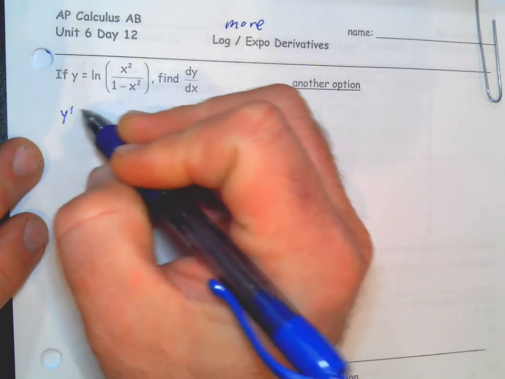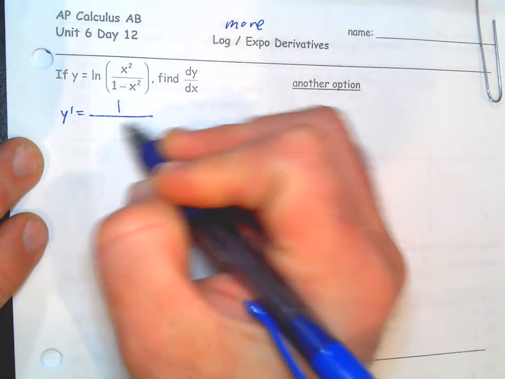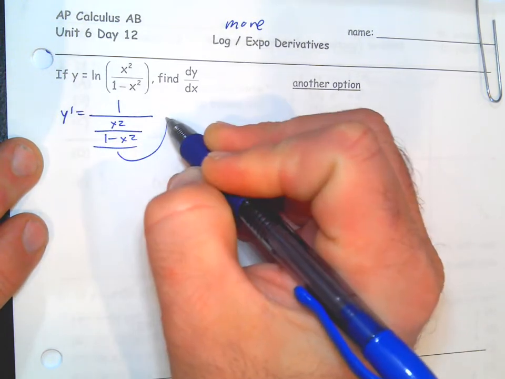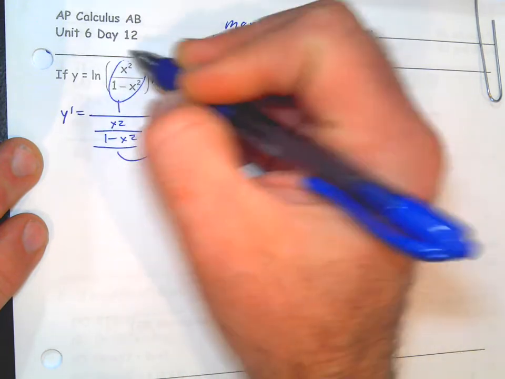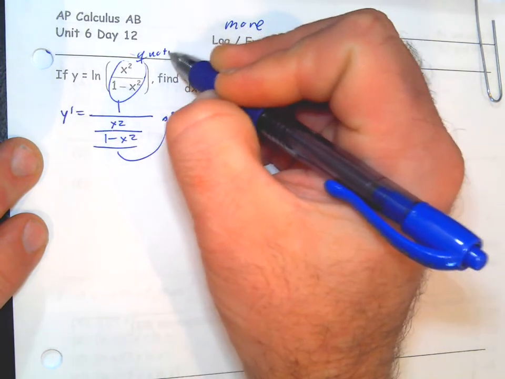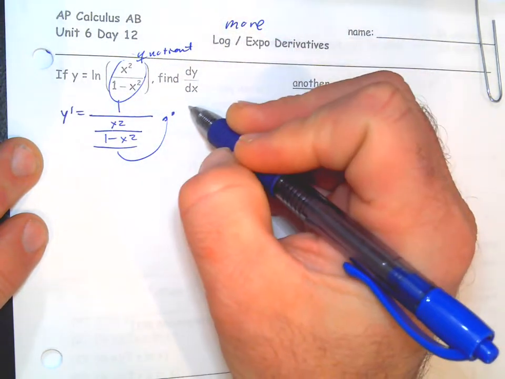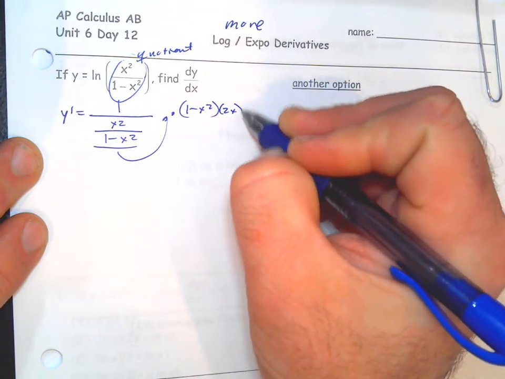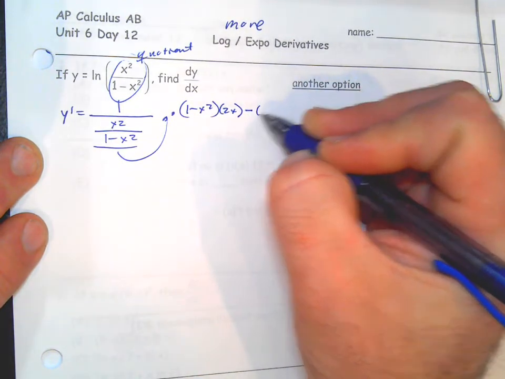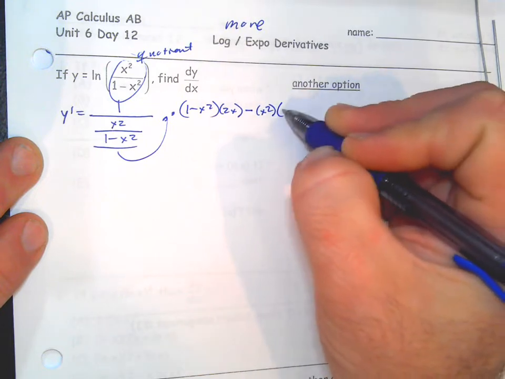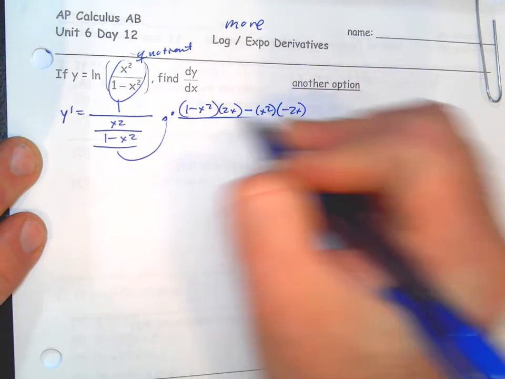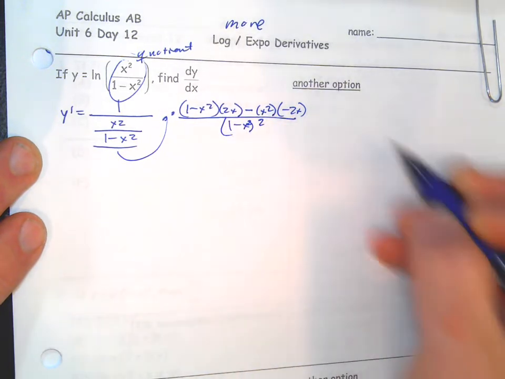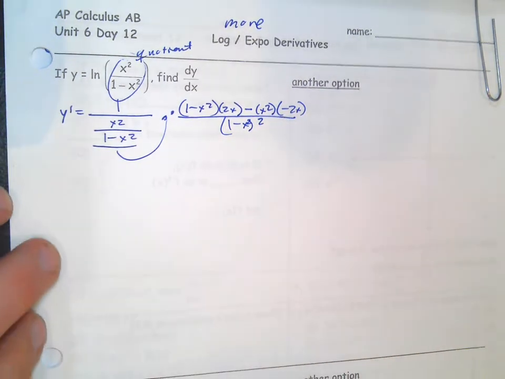It would be y prime equals 1 over what's inside. And then you have to take the derivative of what's inside, and that'd be quotient rule, right? Quotient rule. So it's going to be low d high minus high d low all over low squared. And we got to try and clean that up, I guess.